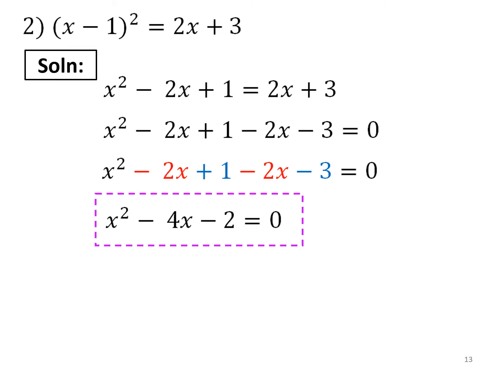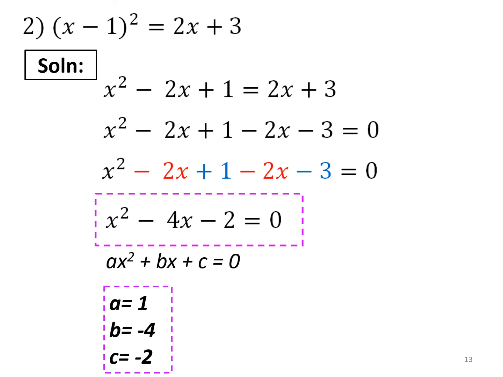So we get x square minus 4x minus 2 is equal to 0. On comparing it with a general equation, the value for a is 1, b is equal to minus 4 and c is equal to minus 2.